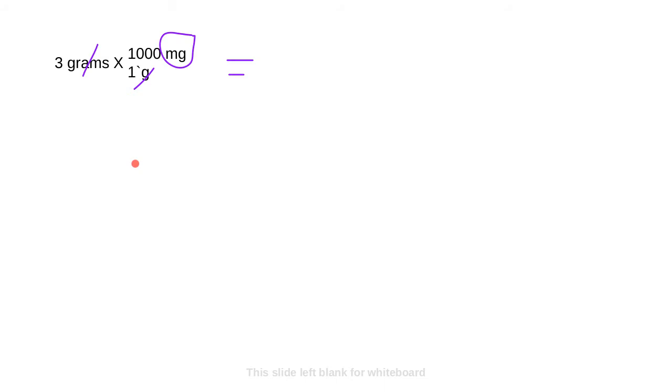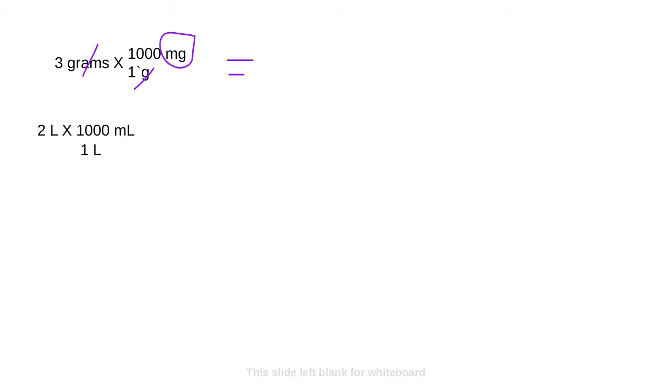So we know that there are 1,000 ml, and pay attention to the positioning of how I did this. And the reason why it's important is because you need things to line up. And I know that is for 1 liter. So that's the way I'm writing out my question.